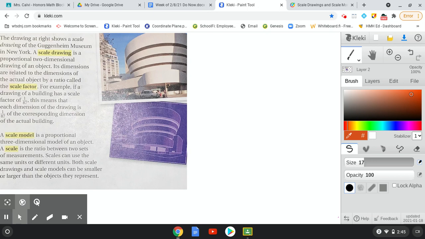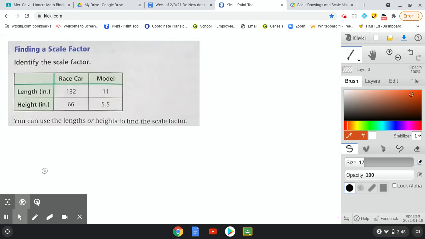So remember, a scale drawing is two-dimensional. A scale model is three-dimensional, and we use something called the scale factor to actually calculate what the actual object measures. All right. So here we're going to go over how to actually find a scale factor.